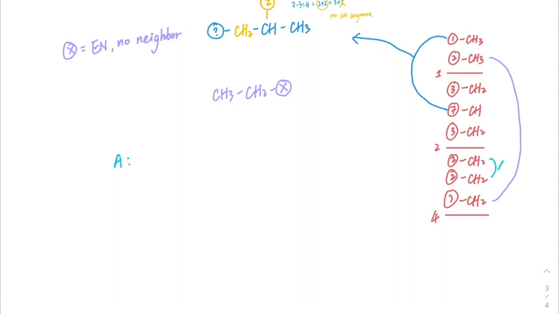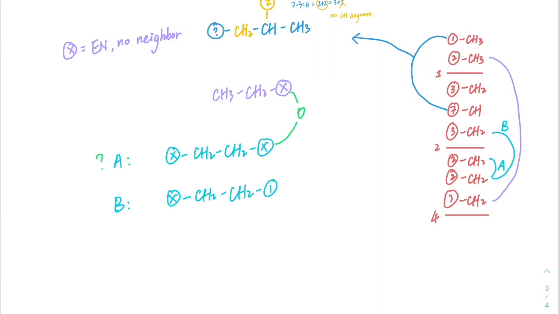Similarly, let's combine the other CH2 together. So there are some possibilities. Just by observing what we have, we know that it's either going to be a CH2 bonded to a CH2 with 2 neighbors, or a CH2 bonded to a CH2 with 3 neighbors, which means apart from the only CH2 I have, there's one more neighbor needed.